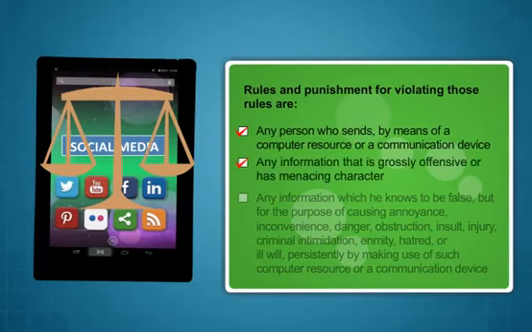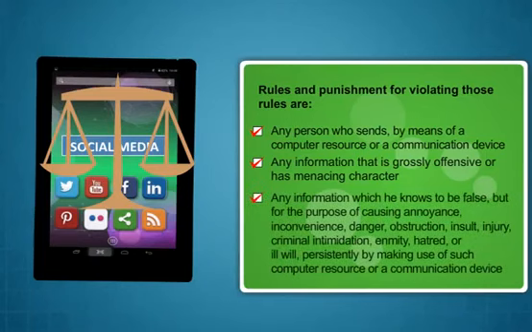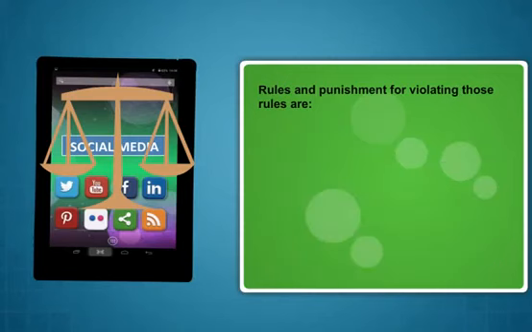or has menacing character, any information which he knows to be false but for the purpose of causing annoyance, inconvenience, danger, obstruction, insult, injury, criminal intimidation, enmity, hatred, or ill will, persistently by making use of such computer resource or a communication device.